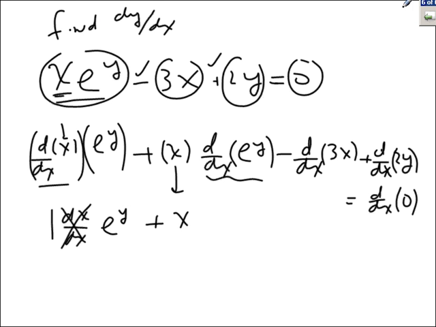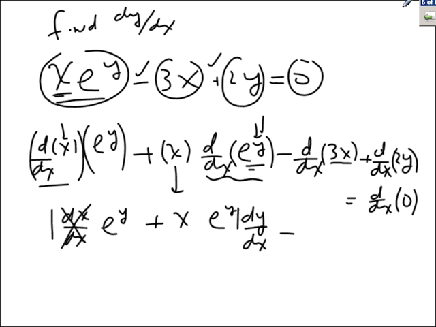The derivative of e to any power is e to that power times the derivative of y with respect to x. Well, it's 1. It's in terms of y. e to the y is in terms of y with respect to x.